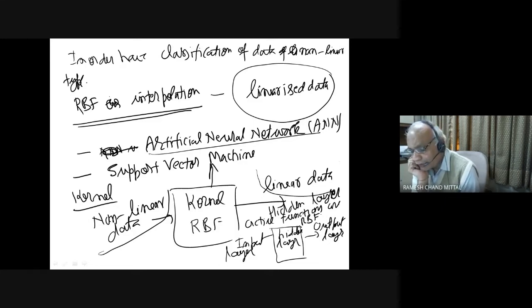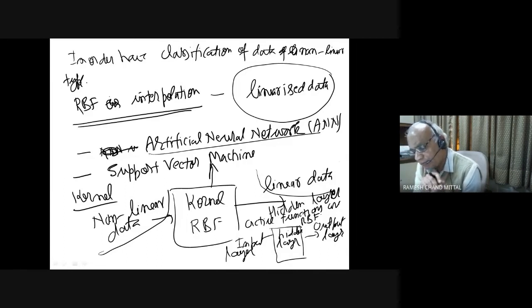So in both cases, the purpose is that there are weight functions. Those weight functions are to be compared with the exact value, and there is an error. This error is to be minimized. So you have some optimization in both cases, and then you get the weight function. Once your weight function or alpha is obtained, your interpolation is there, and now you can have different classes of the data. And then when new things come, you try to match which class it falls in, and you decide this is this. That's what you do in machine learning.